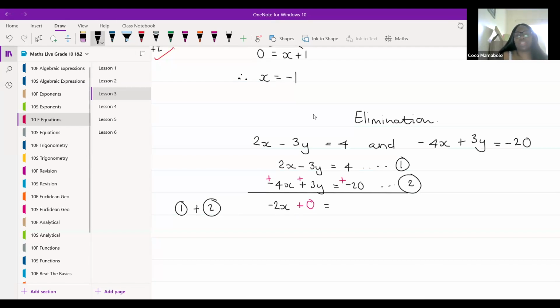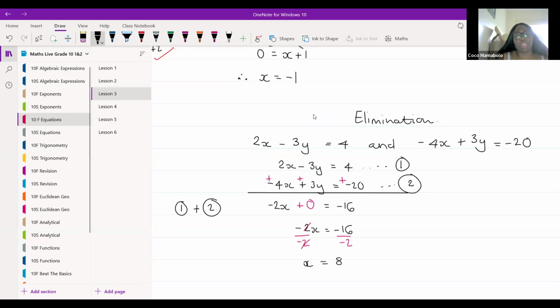That would give me negative 16. So my equation actually reads negative 2x is equal to negative 16. And then I can divide both sides by negative 2. Therefore, x is equal to 8. Okay, x is equal to 8. But I'm not done. I still need to find what y is equal to.